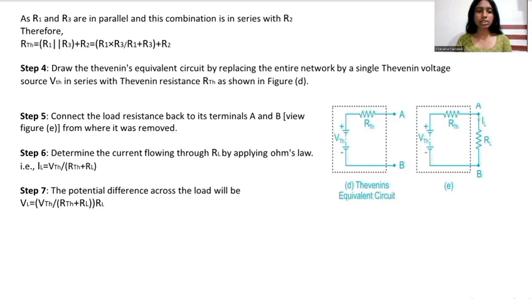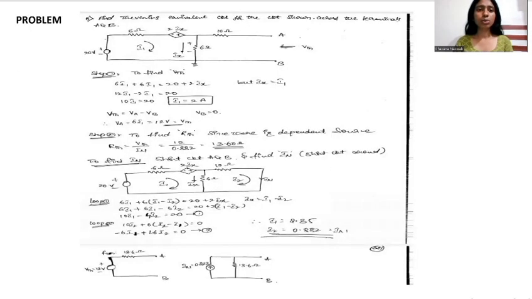And in step 7, the potential difference across the load is VL equals VTH divided by RTH plus RL, into RL.